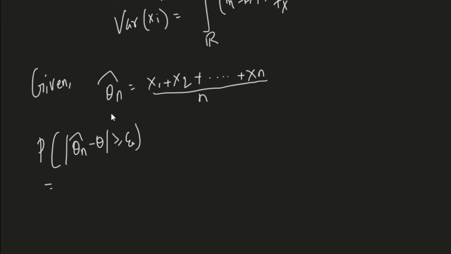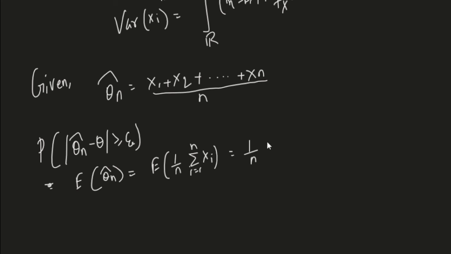Now this means we can use Chebyshev's inequality here, because we see that E of theta n cap is E of 1 by n summation of i equals 1 to n xi, which is 1 by n times n theta, and this becomes theta, right?